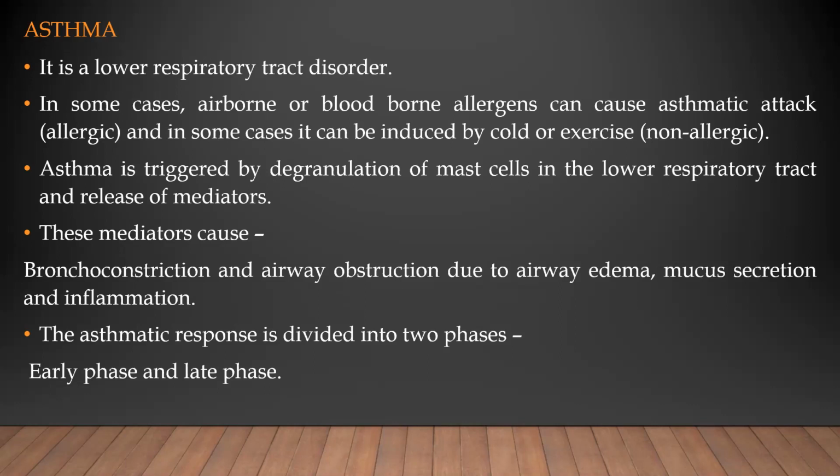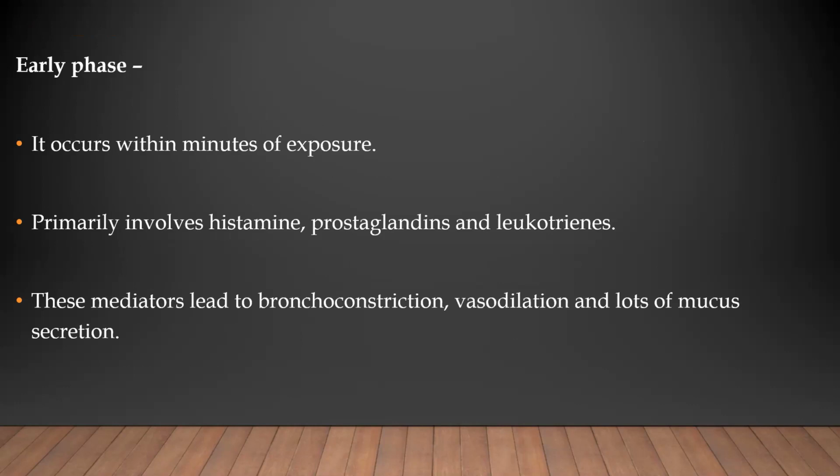Now, the asthmatic response can be divided into two phases. One is called the early phase, another one is the late phase. Let us discuss what these are. The early phase occurs within minutes of allergen exposure, and the mediators which are mostly involved in the early phase are your histamine, prostaglandins, and leukotrienes. And what are these mediators going to do? These mediators are going to cause bronchoconstriction, vasodilation, and a lot of mucus secretion.